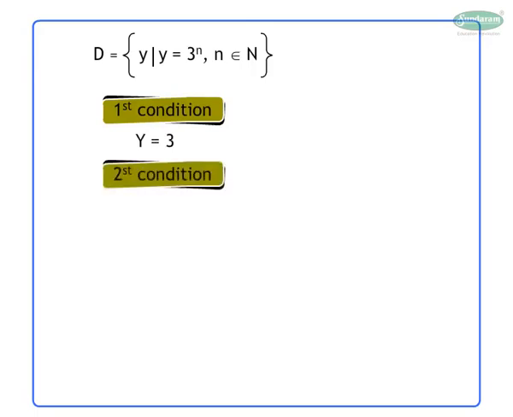The second condition is that n is a natural number represented by capital N. Now, students, if we write down the natural numbers, we will never reach the finishing line. We will begin with 1, then 2, 3, 4, and it can go on to infinity.